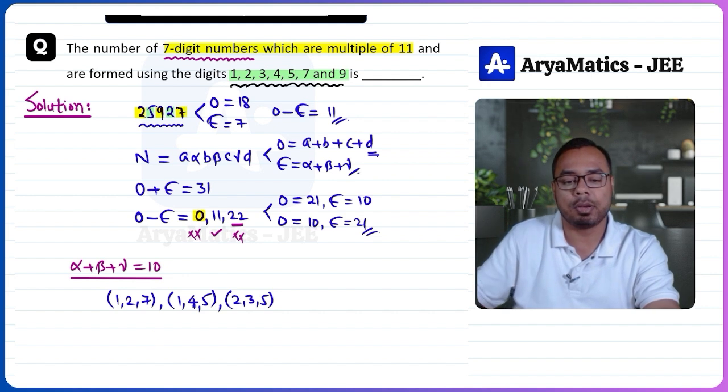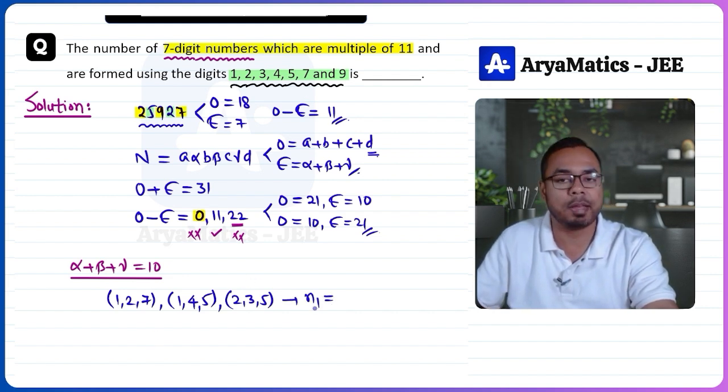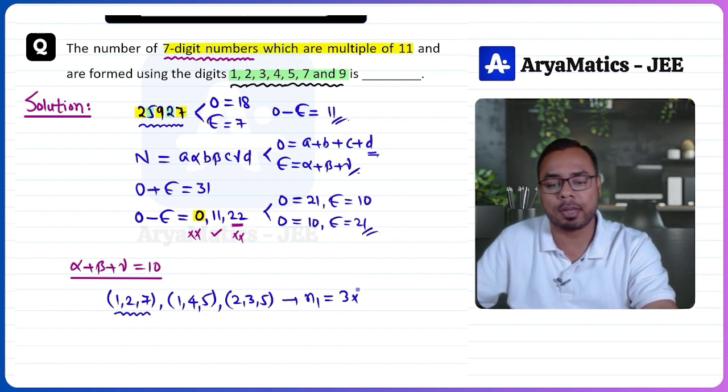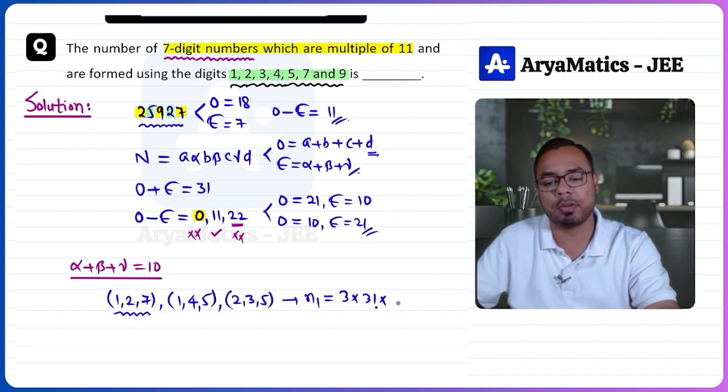Now let us say n1 is the number of numbers in this case which are multiples of 11. So n1 will be 3 cases we are getting, and in each case these 3 numbers we can arrange on 3 even places in 3 factorial ways, and the remaining 4 digits you can arrange on 4 odd places in 4 factorial ways.